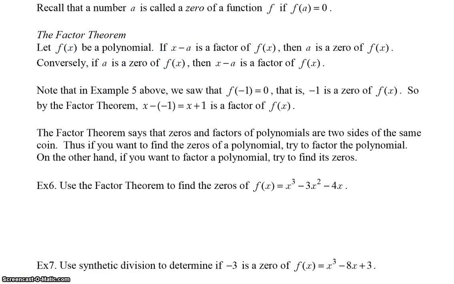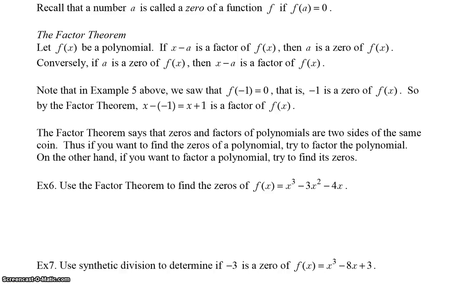We now conclude this video with an introduction to the factor theorem. First of all, recall that a number a is called a zero of a function f if f of a equals 0. So a number is a zero of a function if, when substituted into the function, it causes the function to equal 0.